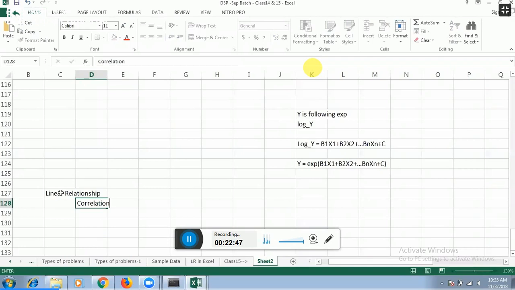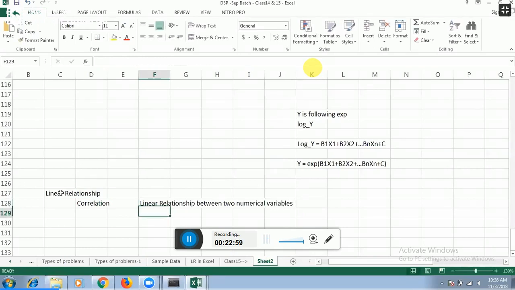Correlation is a linear relationship between two numerical variables. If the correlation between two variables is high, then you can say there is a strong linear relationship.